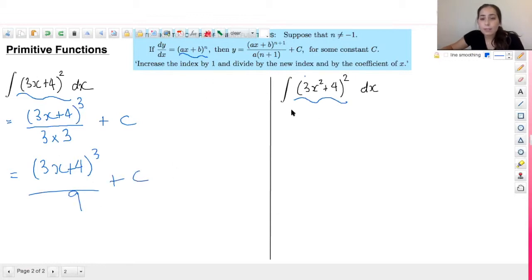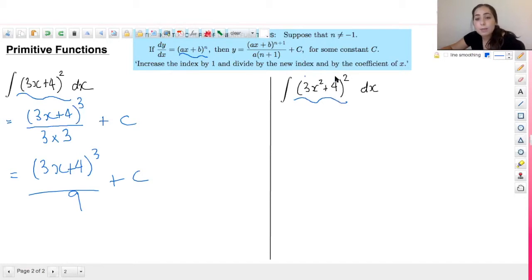So if we look at this example here, how does this question differ from this question? And if you look closely inside the brackets, this says 3x squared as opposed to the 3x over here. So when a lot of students see this, they automatically assume that you can use this formula right up here. But I'm going to explain to you why you cannot.